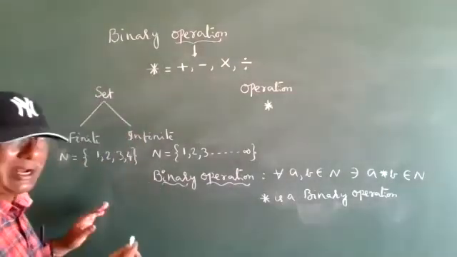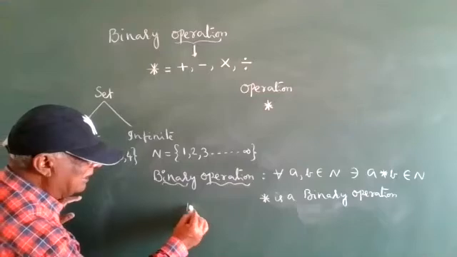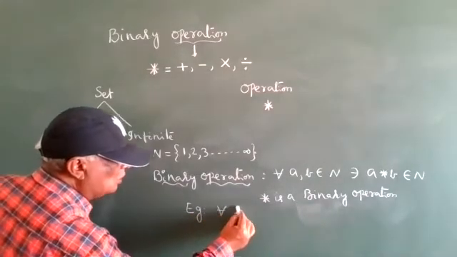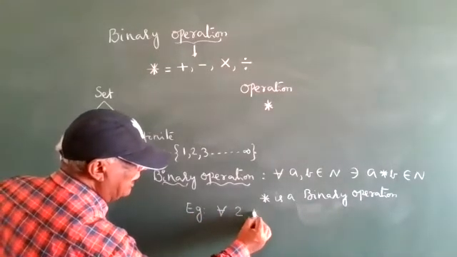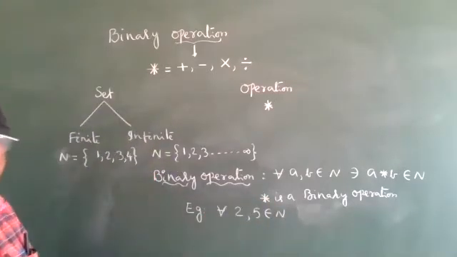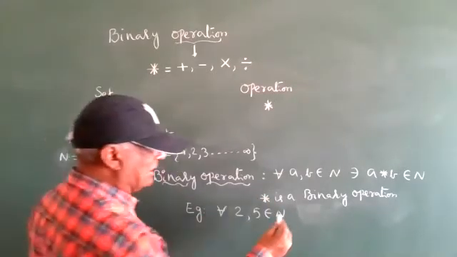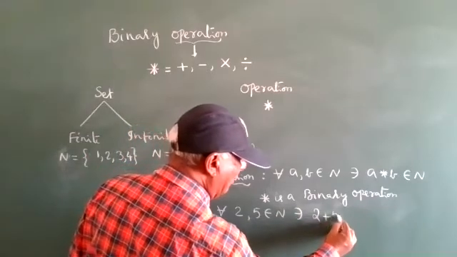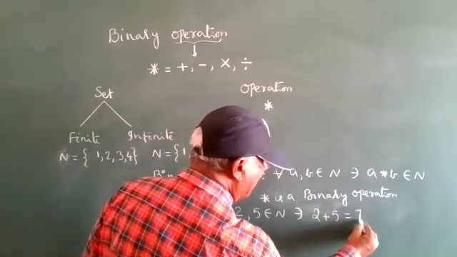For example, for all 2 and 5 belonging to the natural numbers, 2 plus 5 is equal to 7.